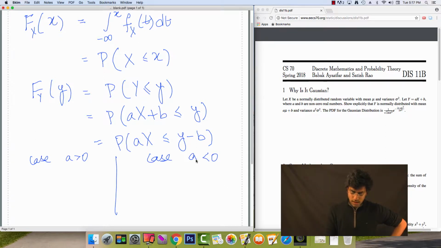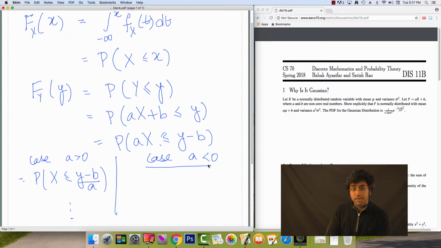Why do I need to do this? Well, if a is negative and I divide by a, this inequality flips. Remember, multiplying and dividing by negative numbers flips inequalities. In the case that a is positive, nothing bad happens, which means this thing is equal to the probability X is less than or equal to (y minus b) over a. The discussion solutions talk about what happens here, so let me talk about what happens in the negative case. In this case, this is equal to the probability that X is greater than or equal to (y minus b) over a.